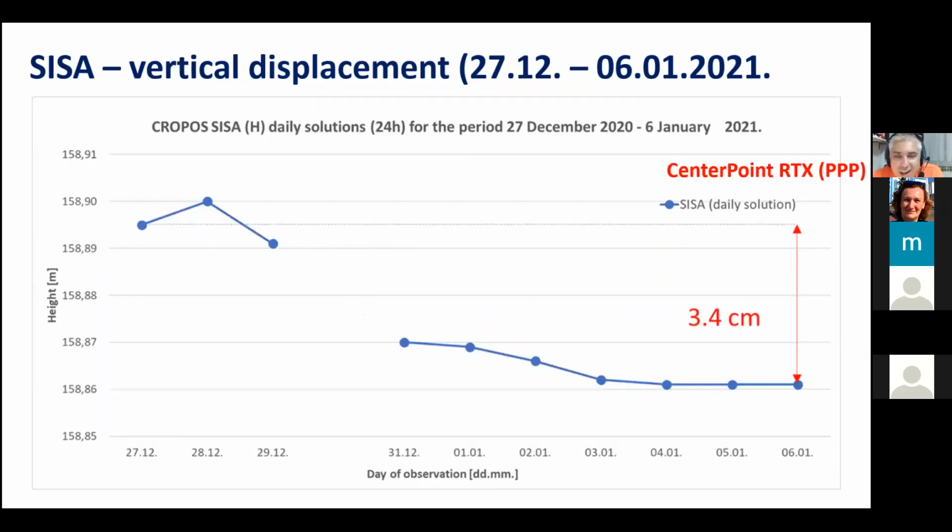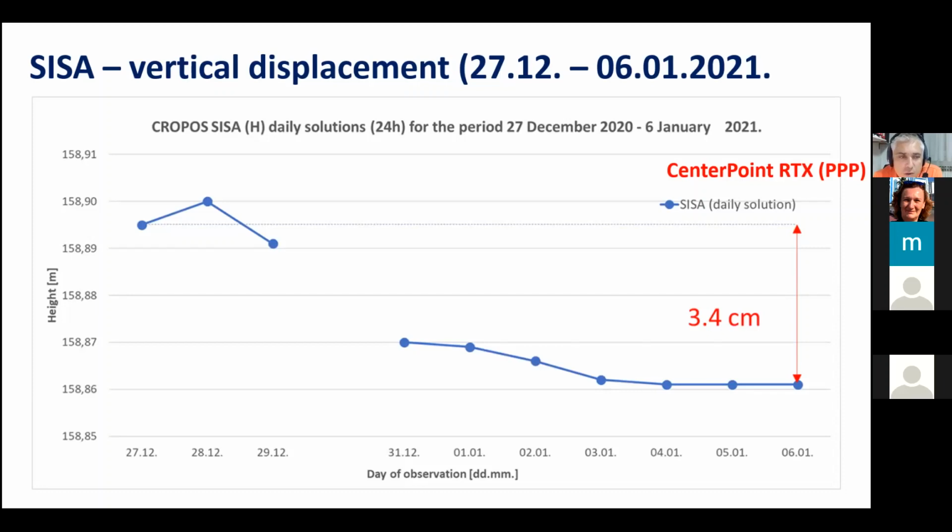What about height? So those are the results of daily solutions obtained by PPP. You can see there is a gap on 30th of December.